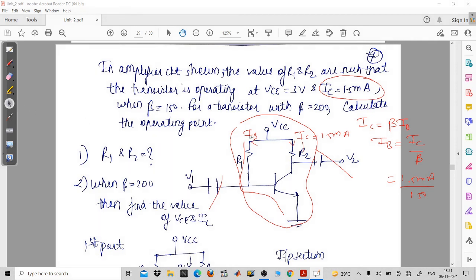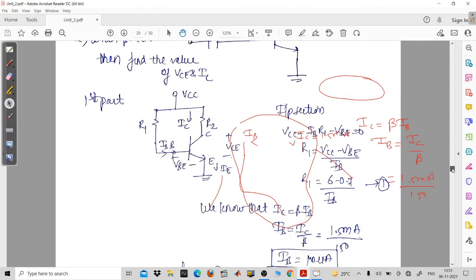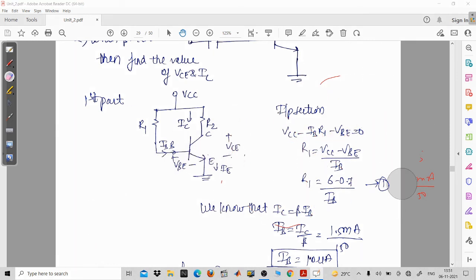Now after evaluating the base current value, you can have the voltages and the current. So you can simply find the resistance R1. We have done some mathematics here. In this case, VCC minus IB into R1 minus VBE. So simply R1 will be equal, because we have to find R1 and R2 for beta equal to 150.